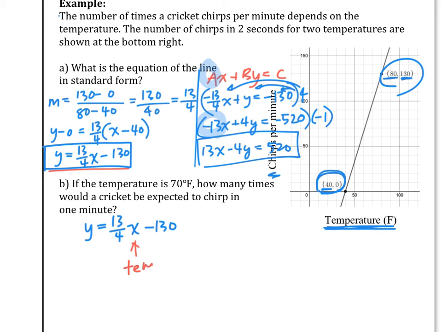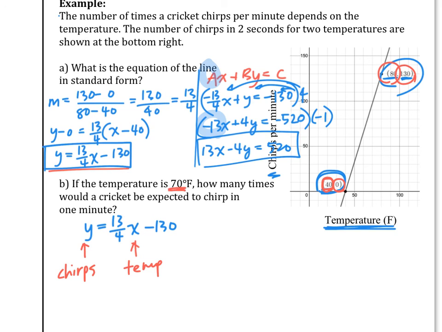Temperature. Then what does y mean? Y means chirps per minute. So this tells us if it's 40 degrees outside, then there are no chirps. If it's 80 degrees outside, then there's 130 chirps per minute.